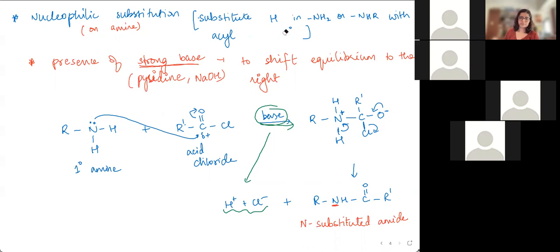No, I got it wrong. The amine itself is the nucleophile that is attacking the acid chloride, with one pair of electrons. Acyl is not the nucleophile.